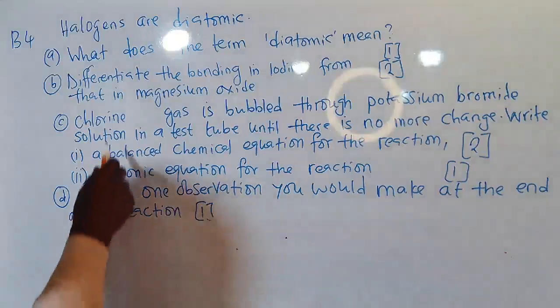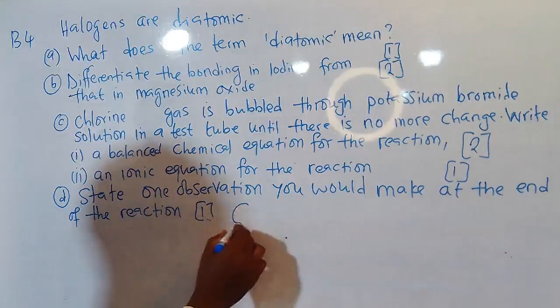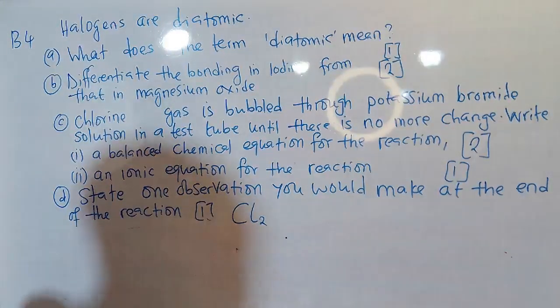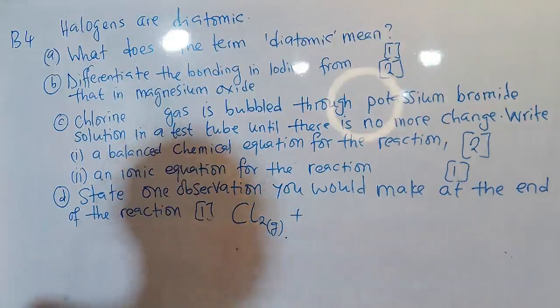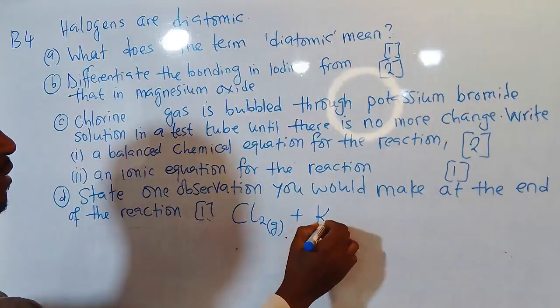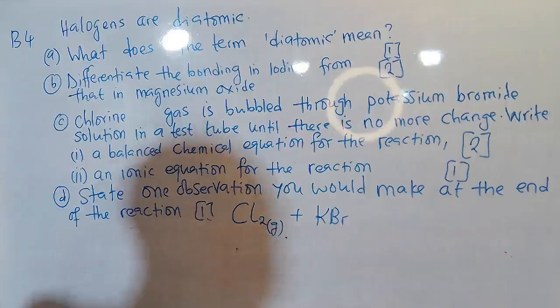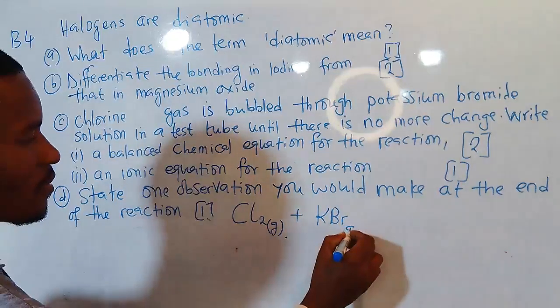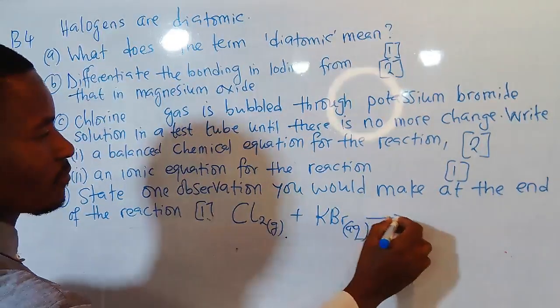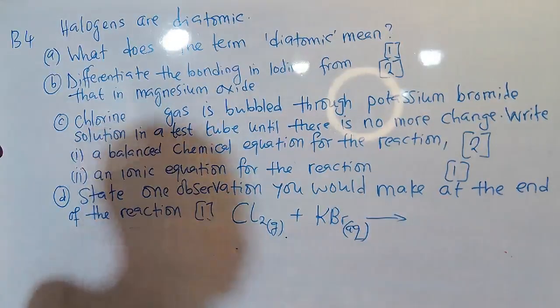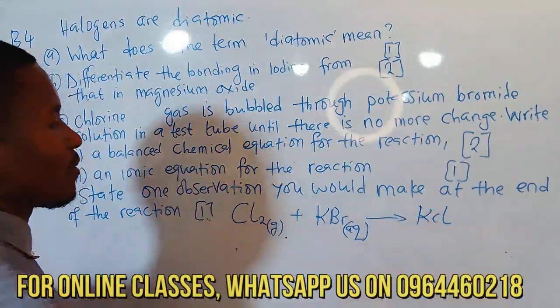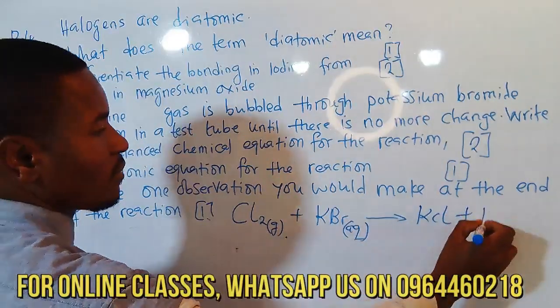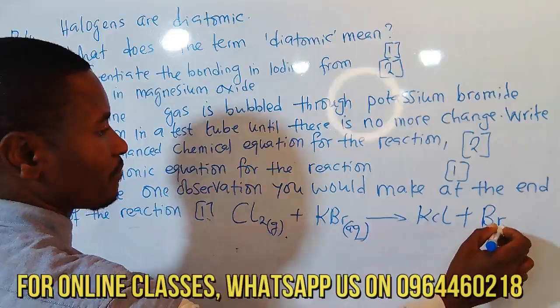So chlorine, Cl2, which is a gas, plus potassium bromide, KBr, which is aqueous, will produce potassium chloride, plus the bromine.